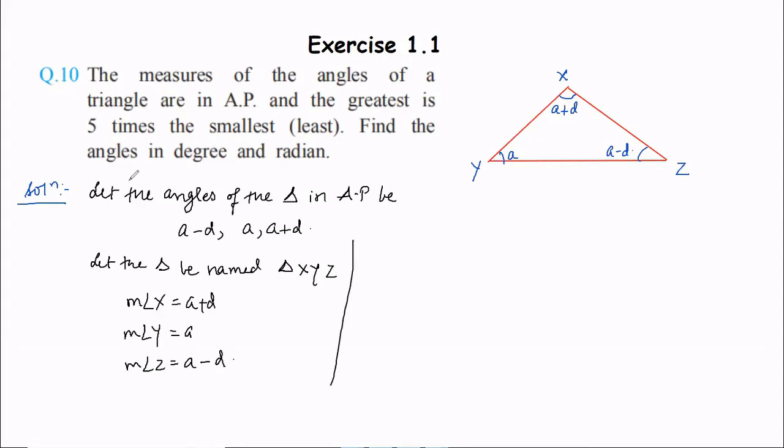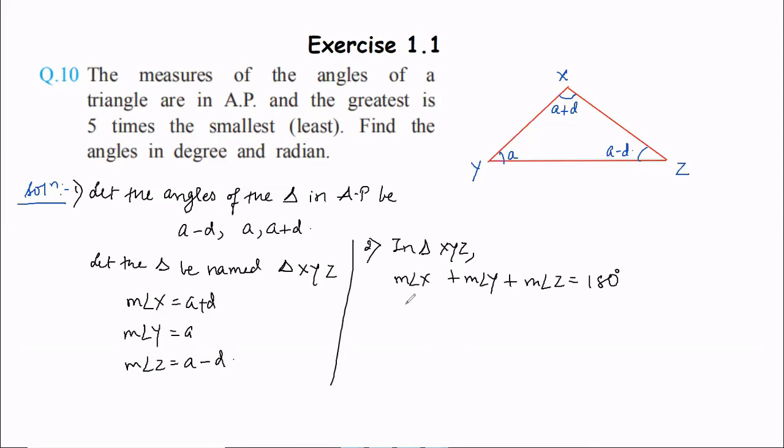Now the second step. In triangle XYZ, the sum of all angles, that is measure angle X plus measure angle Y plus measure angle Z, is supposed to be 180 degrees. Same reason, the sum of all angles of a triangle is 180.